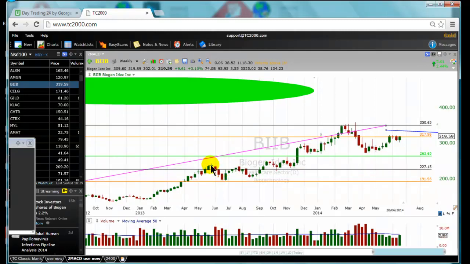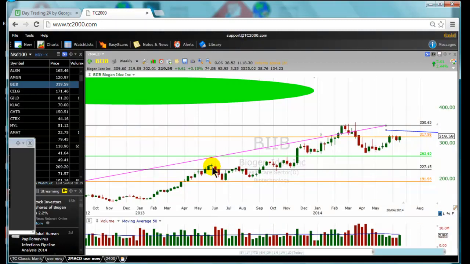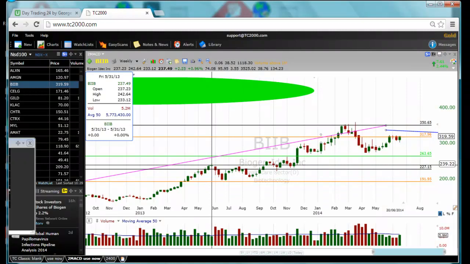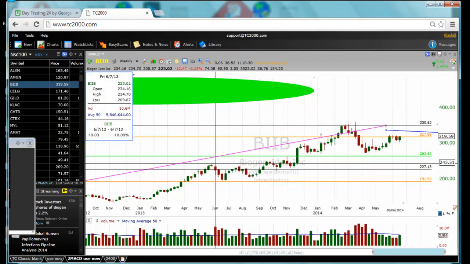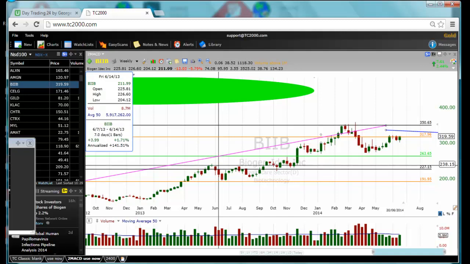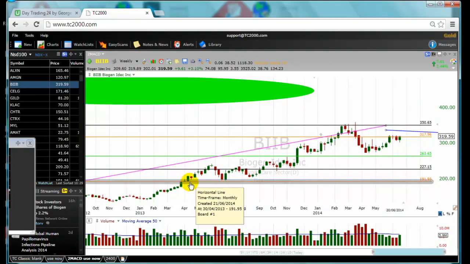Here is the beginning of the month of June 2013: this is the first candlestick bar, second candlestick bar, third candlestick bar. The price was going down looking for a support level. That support level was the low of the monthly candle that I was showing you.